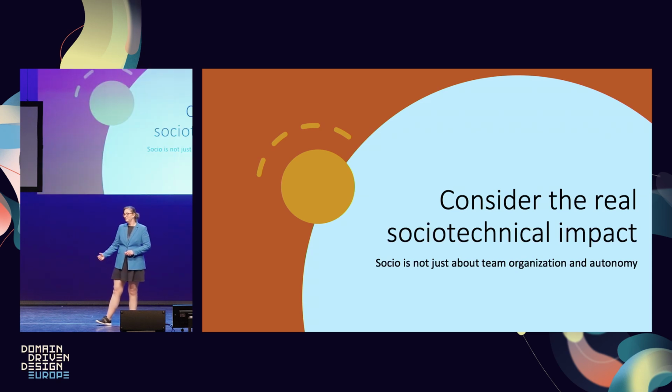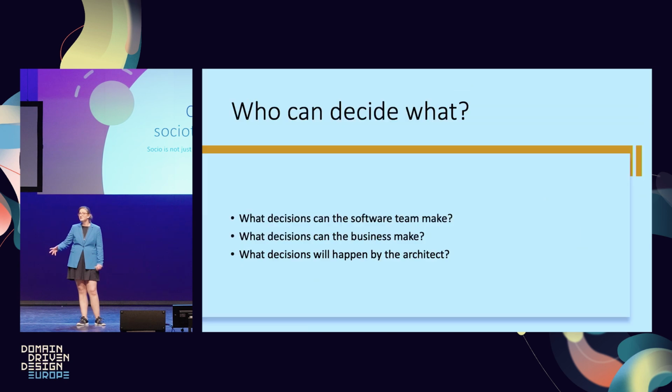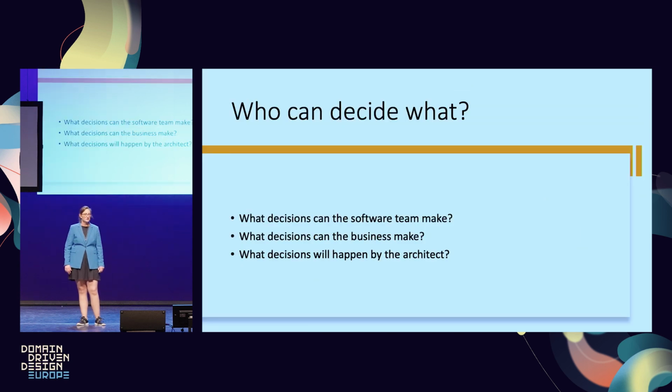And then I said, we also care about clarity. So we want to care about the real socio-technical impact that we have during our collaborative modeling, but also about decisions. We have to talk about decisions. Like, who can decide what? We don't talk about this, right? We want team autonomy.